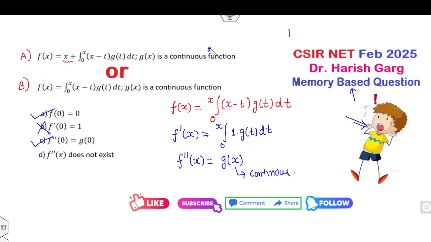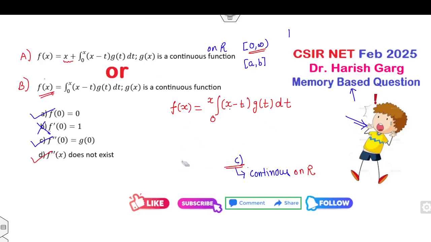And the domain, if it is not given to you, is R. If in the examination it is given as 0 to infinity or some other interval (a, b), then the last option depends upon the interval. So if g is continuous on R, then f double dash exists. If it is on 0 to infinity, then again g is continuous. These are the answers for option B.